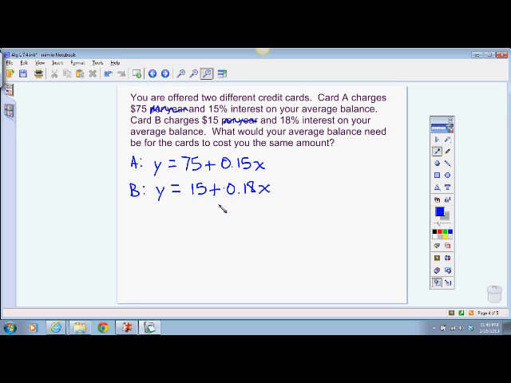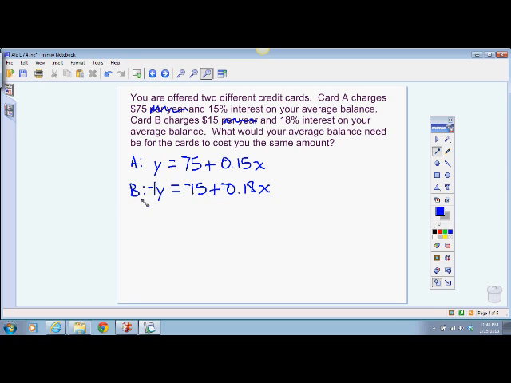Looking at this, if we want to solve this, we could use the fact that this is a 1 here, and that would be okay. But let's do something different. Let's try linear combinations. I'm going to multiply everything over here by a -1. So I'm going to go -1 times y, -1 times 15, and -1 times 0.18x. That was pretty easy.